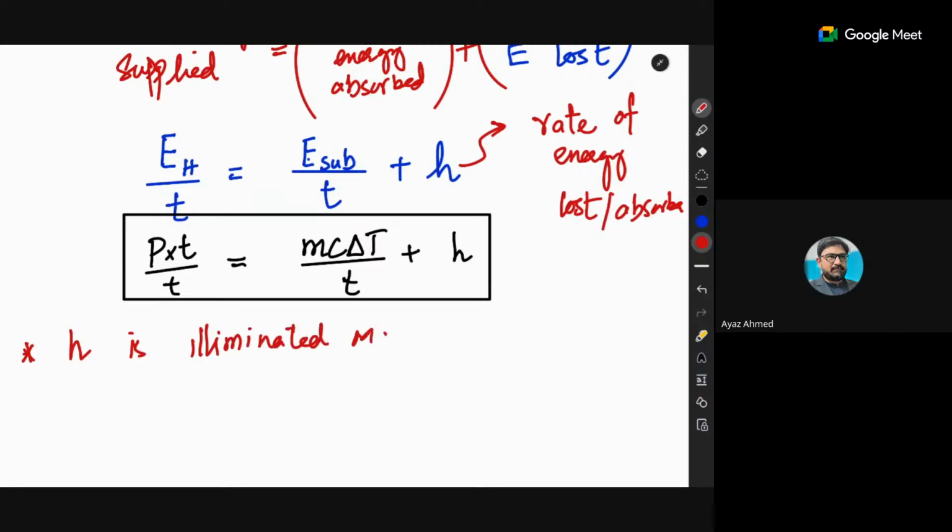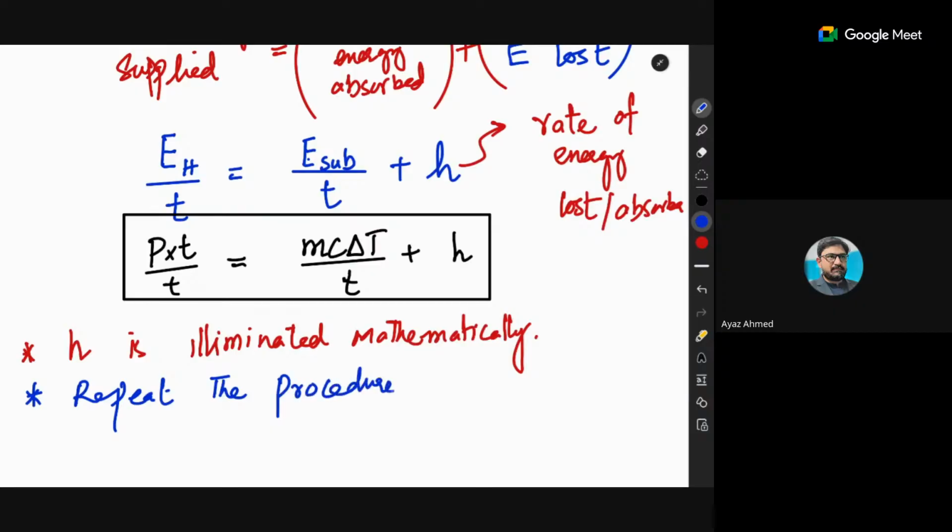Eliminate it mathematically. That mathematical means you will repeat the procedure and perform the experiment for the same temperature change.